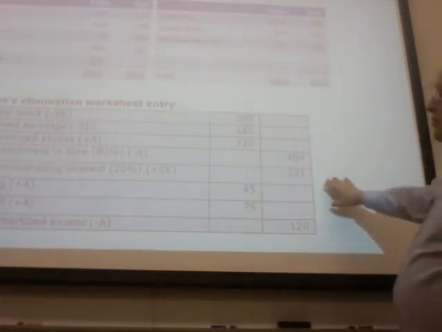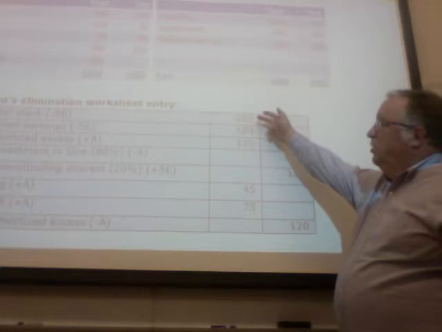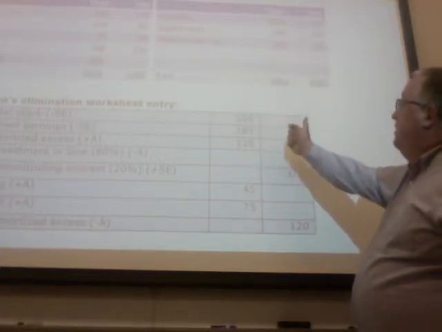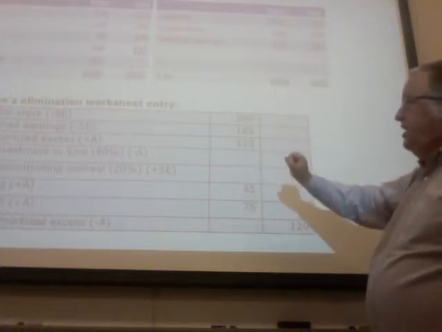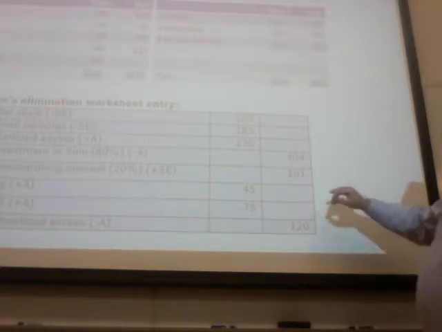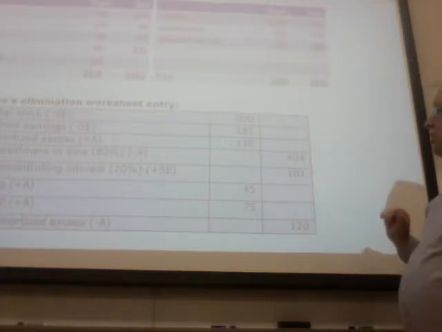So Popo is eliminating worksheet entry. Again, we're eliminating the capital stock of Sign. We're eliminating the retained earnings of Sign, the current retained earnings. We've got our unamortized excess, which is the 120. And we've got our investment in Sign and our non-controlling interest.